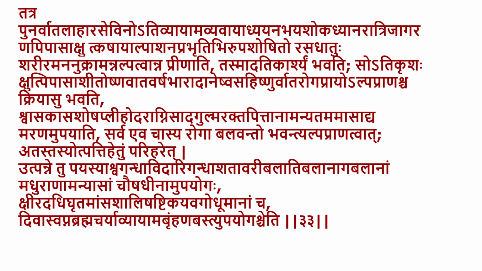It can also result in diseases like Shwasa, Kasa, Shosha, Plihodara, Agnisada, Gulma, Raktapitta, and it can result in fatal complications by producing many other sequential disorders. How emaciation leads to diseases like Udara, Agnisada, Gulma, and other abdominal disorders, we will discuss in the coming sessions when we go into the other details.